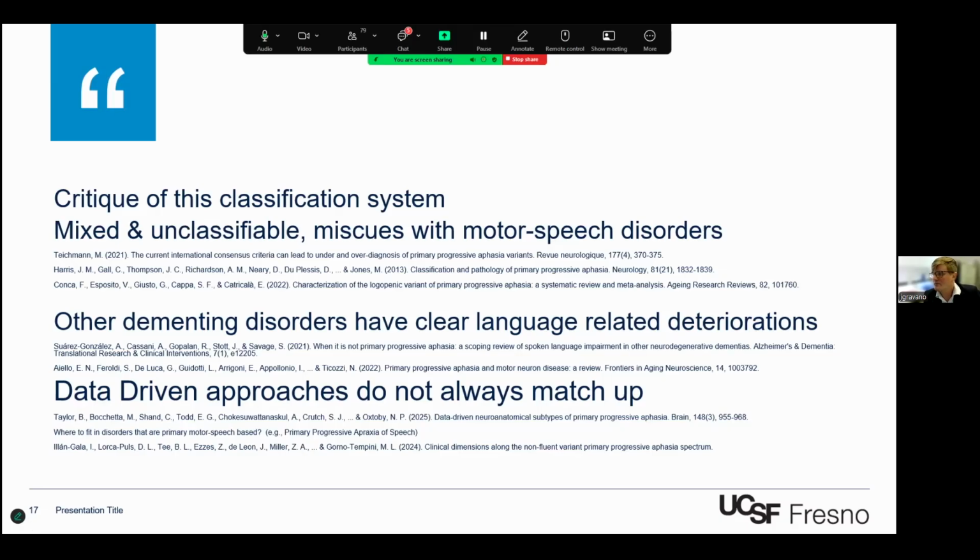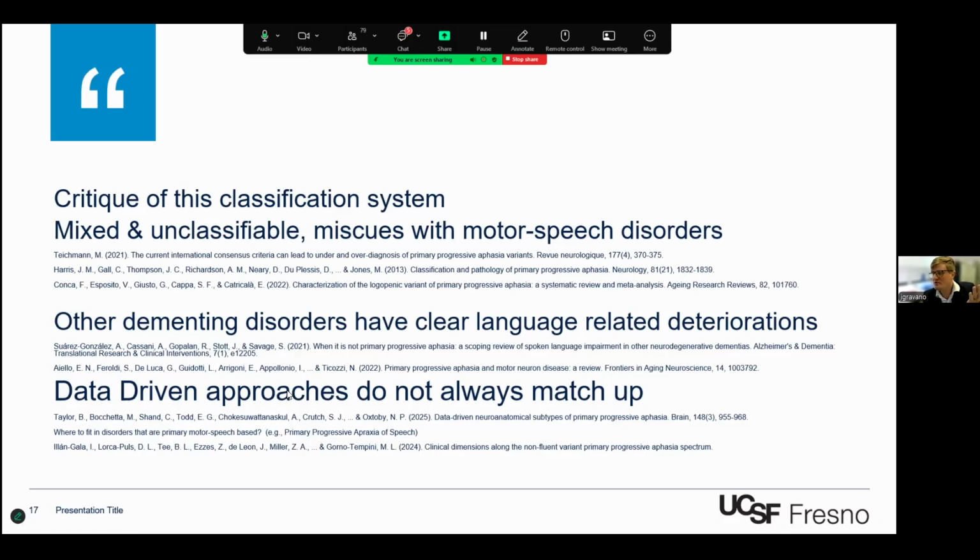So, like the atypical Parkinsonisms can have motor speech problems that don't eventually develop into aphasias, and then some unclassifiable components to them as well. So bvFTD also has some language related dysfunction on average. So again, these are just harder for these syndromes to parse without critique.